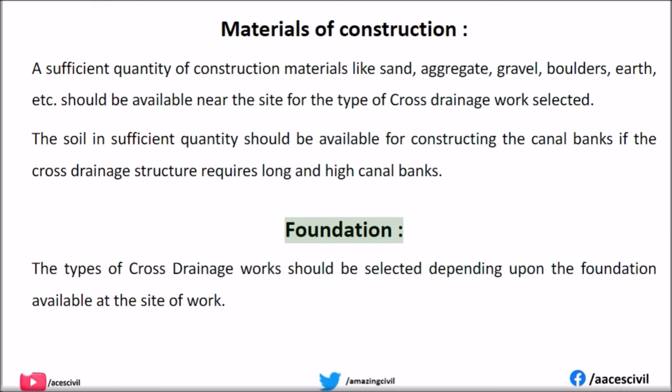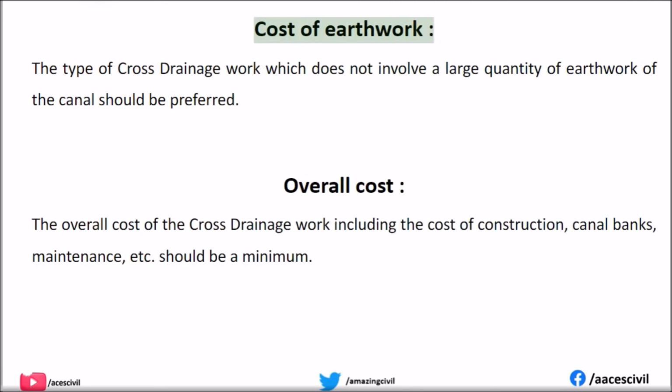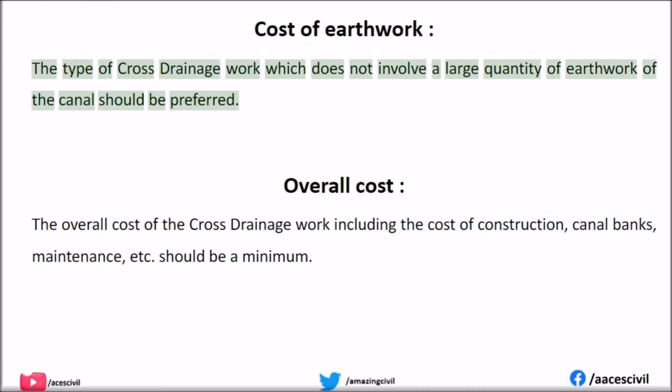Foundation. The types of cross-drainage works should be selected depending upon the foundation available at the site of work. Cost of earthwork. The type of cross-drainage work which does not involve a large quantity of earthwork of the canal should be preferred.